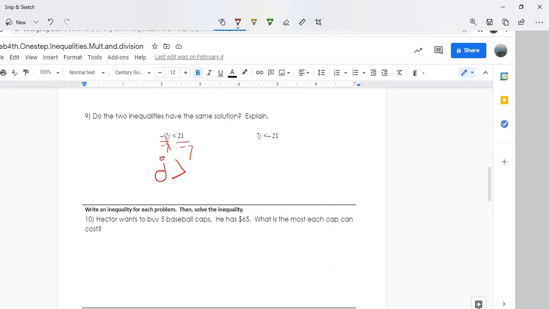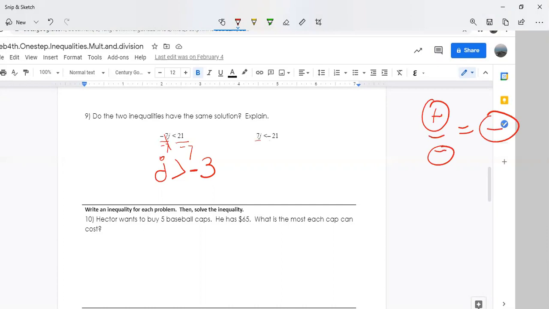I'm left with J. And 21 divided by 7 is 3. And a positive divided by negative is a negative. 21 is positive, negative 7. So a positive divided by negative is a negative. Different signs. All right, let me do the next one.